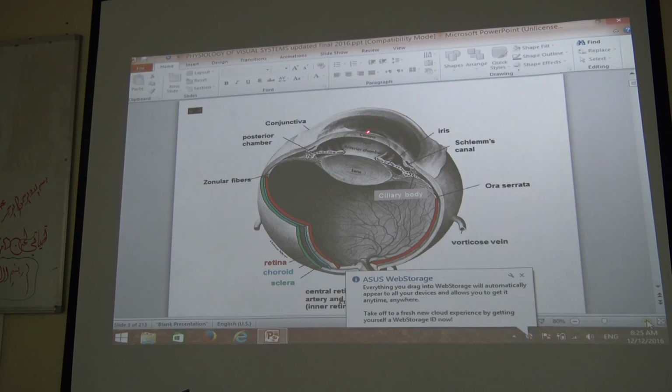The other media, cornea, aqueous humor, lens, vitreous humor, are close to each other in their refractive index. The refractive index of air is 1, the refractive index of the cornea is 1.38. Okay? Right.